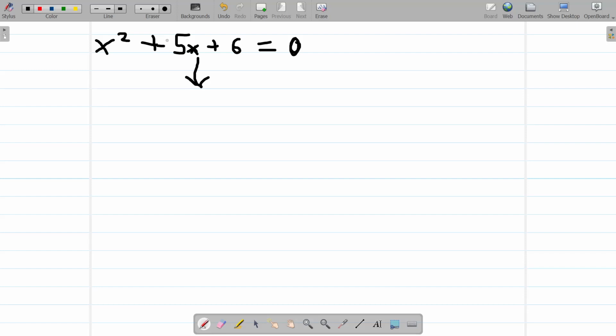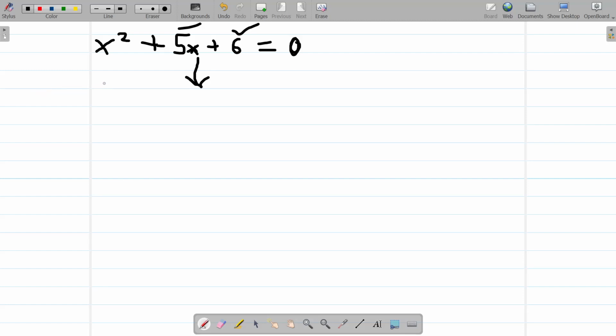If this was like 49 and 81, you might want to do that because there'd be a lot of options. But in this case, it's pretty simple to think off the top of your head: 2 plus 3 equals 5, so that's good, and 3 times 2 equals 6, so that's good. So we know the two numbers we're looking for are 3 and 2.